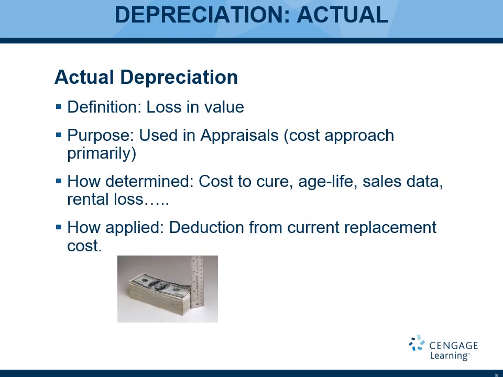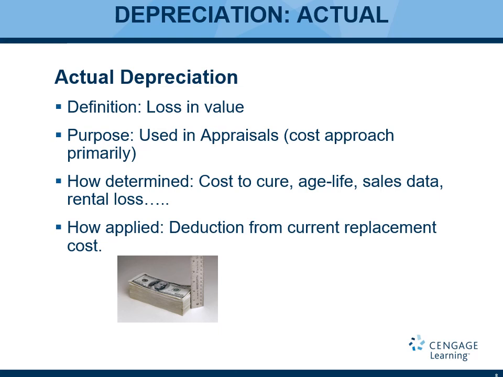But appraisal depreciation is going to include a percentage of what you think the depreciation of the property is. So here we have actual depreciation, and this is what we are using in appraisal. There are several different ways that you can determine what the depreciation of the property is, and we're going to look at some of those different ways. The first one is cost to cure. We also have age life, we have sales data, and we also have rental loss. So we're going to look at all of those different examples. Now, how is actual depreciation applied?